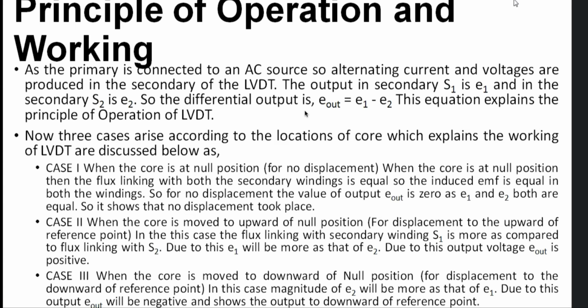As the primary is connected to an AC source, alternating current and voltages are produced in the secondary of the LVDT.